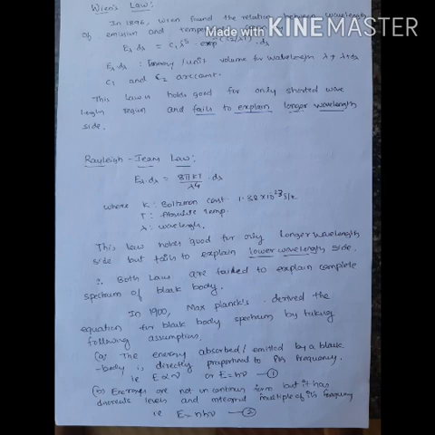Again, this law holds good only for the longer wavelength side, but it fails to explain the shorter wavelength side. For example, if we substitute lambda equal to 0, E becomes infinite. It means at zero wavelength infinite energy would be transferred, but that is not possible in practical cases. Hence, this theory again fails.